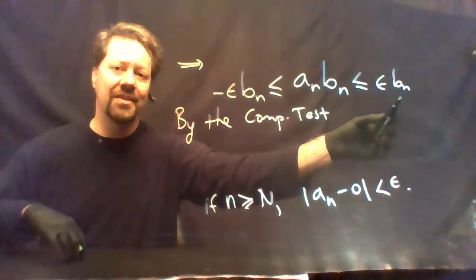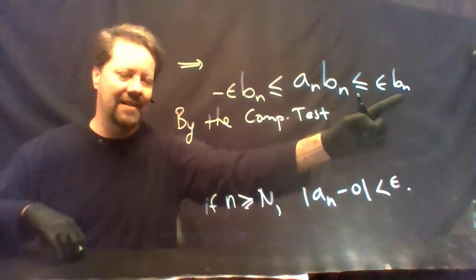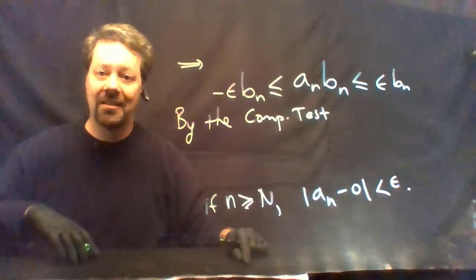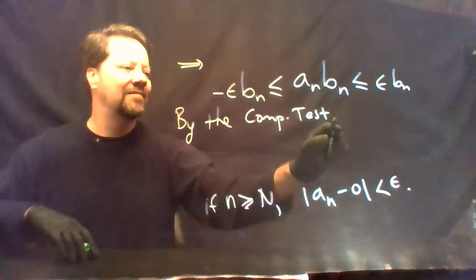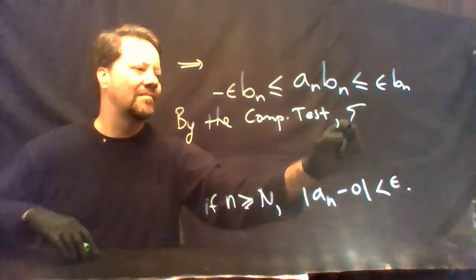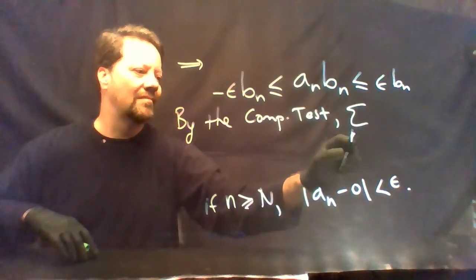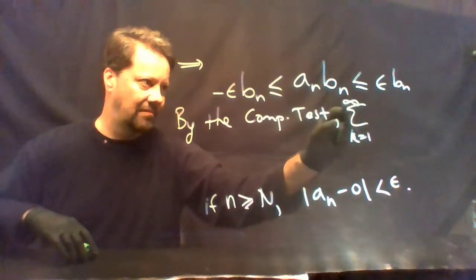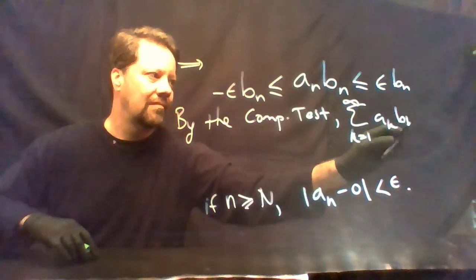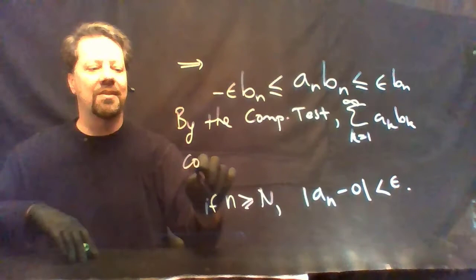The larger series converges, at least for n values in the tail, and hence converges generally. So the smaller series must also converge.